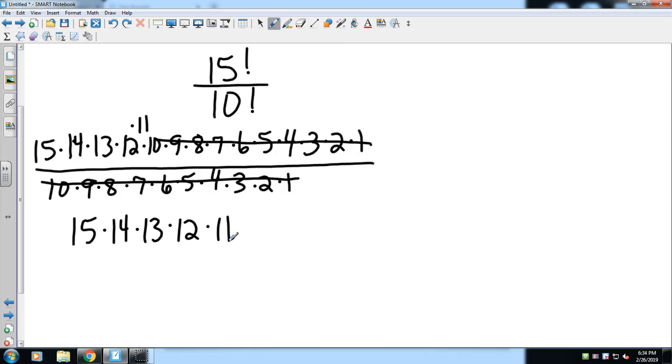So now I'm just going to break out my calculator, and I have 15 times 14 times 13 times 12 times 11, and I end up with 3,603,600 different permutations of food items if I have 15 items and I am only selecting 5 of them.